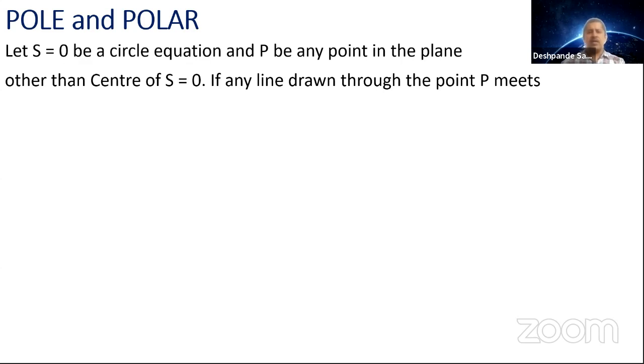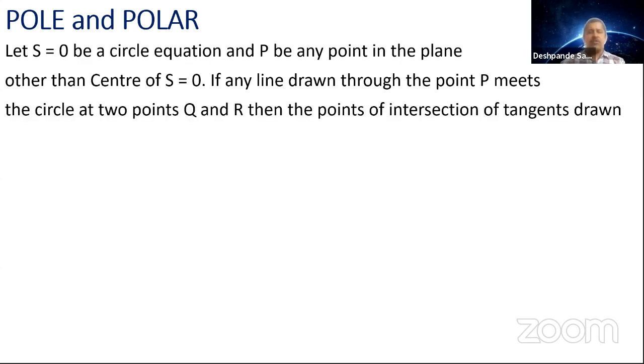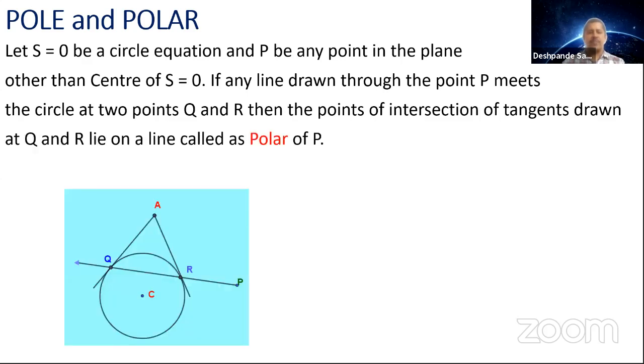Now, if you draw lines from the point to the circle, and the line meets the circle at 2 points, one you call Q and the second you call R. Now see here, you have taken a point here, and you are drawing a line. You see that this QR is a chord.